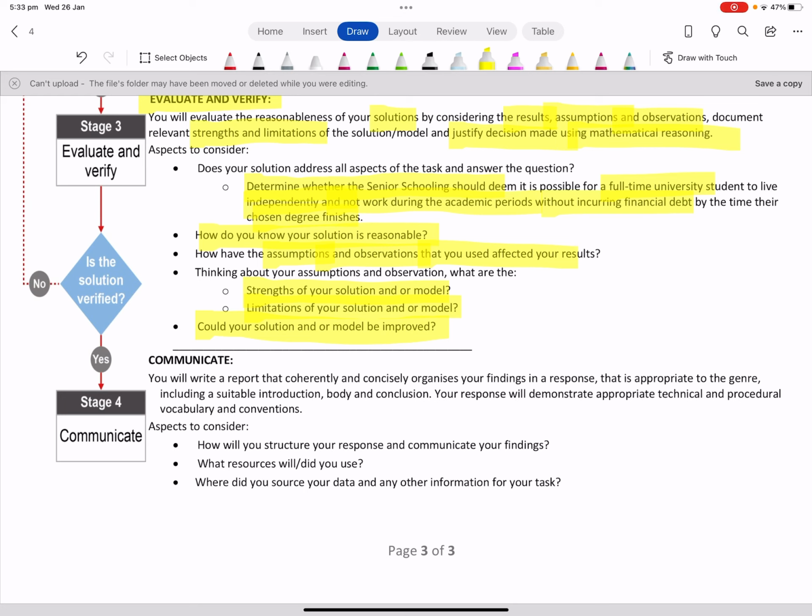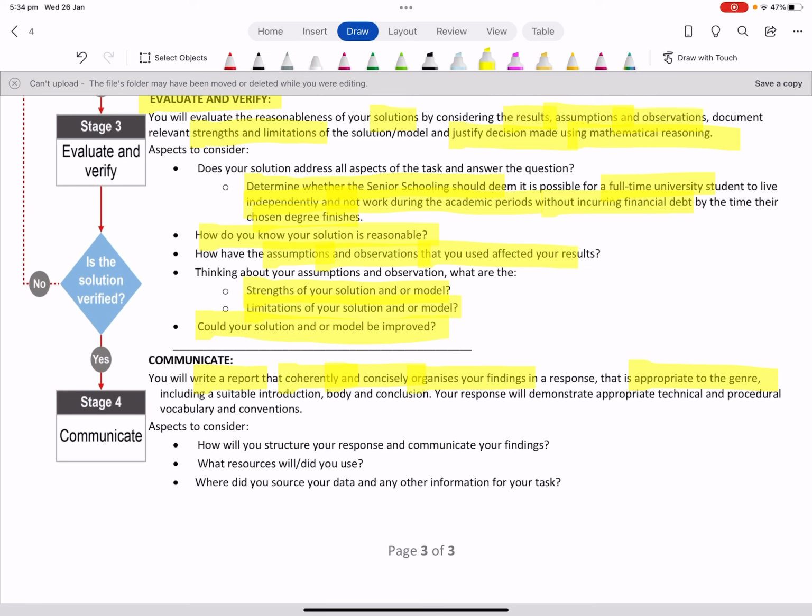The communication is just how you put your response together, and we will be looking for how you organise your findings into a response that's appropriate to the genre, so your report format, so writing it in a report. We also want coherent and concise, so we don't want a whole bunch of repetition. We want nice, clear language as well that really explains what you're talking about.